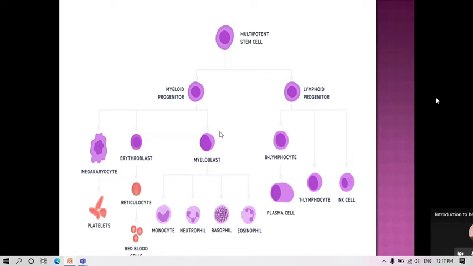If this myeloid progenitor differentiates towards erythroblast, there will be formation of red blood cells from the reticulocytes, and if it differentiates into megakaryoblast, there will be synthesis of platelets.